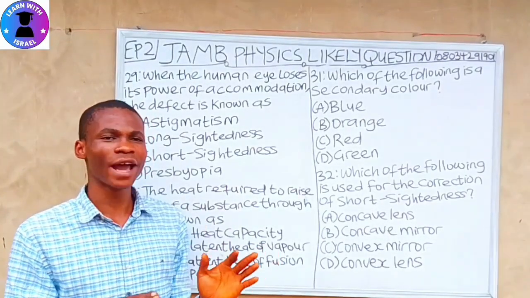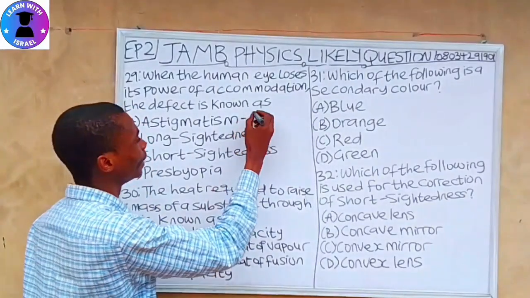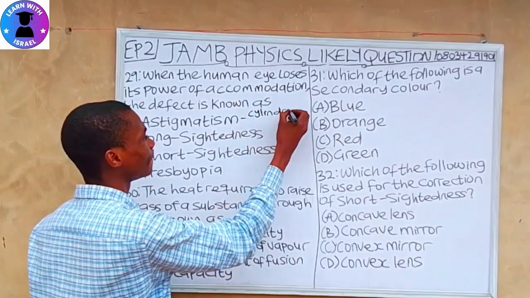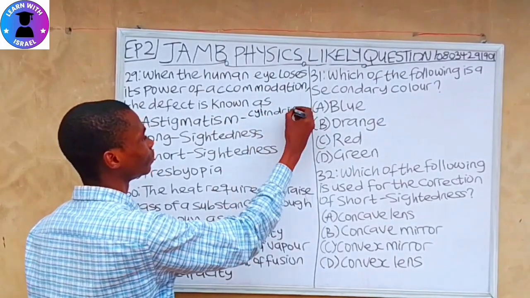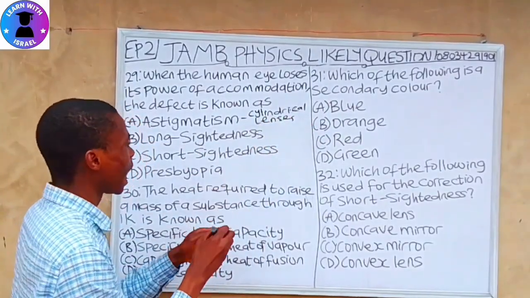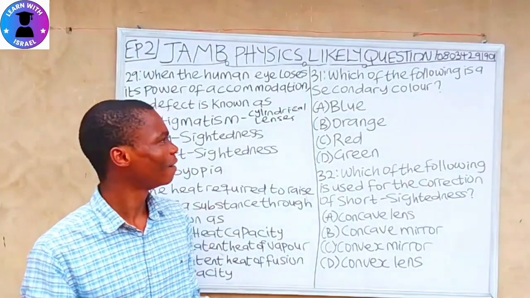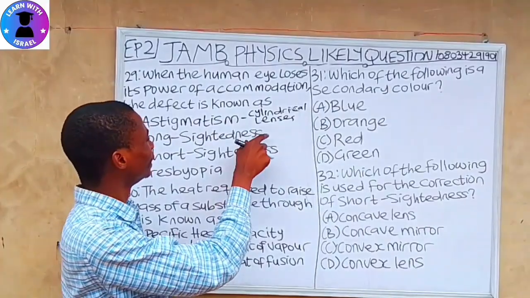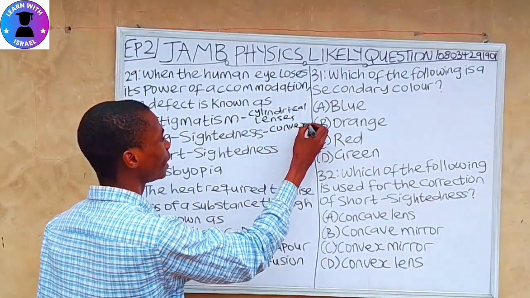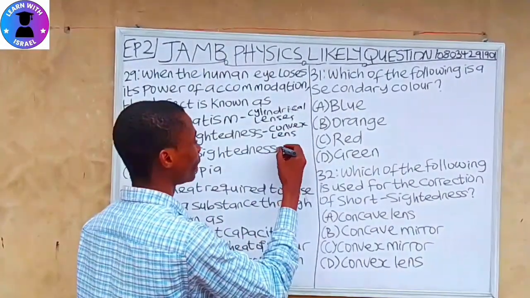The vision will be very blurry, and it is corrected by cylindrical lenses. Another name for long-sightedness is hypermetropia, and it is corrected by convex lens. Another name for short-sightedness is myopia.